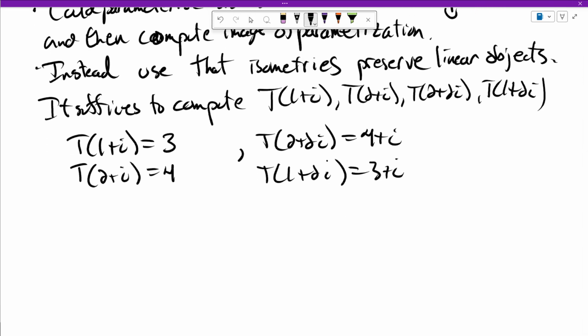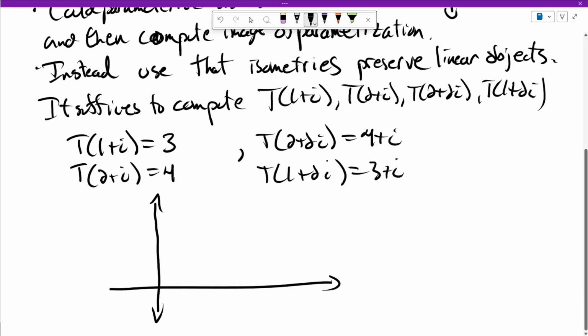So the image of S, we have to go all the way over to 4, it looks like, is also a square, and it has vertices at 3, 4, 3 plus i, and 4 plus i. So here's our S prime.